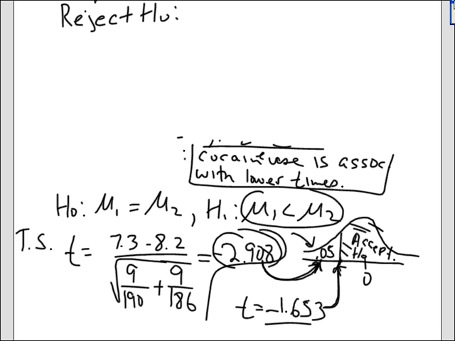Now, it turned out that H1 and the claim are the same. There's sufficient evidence to support the claim that the means are different.